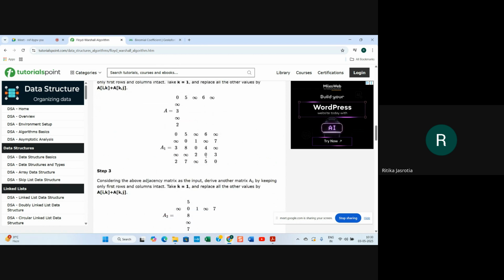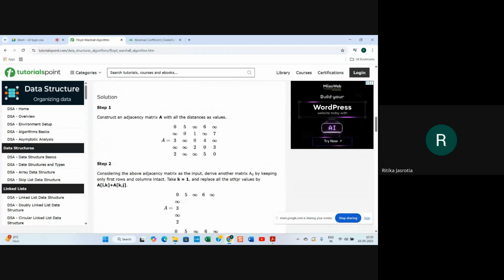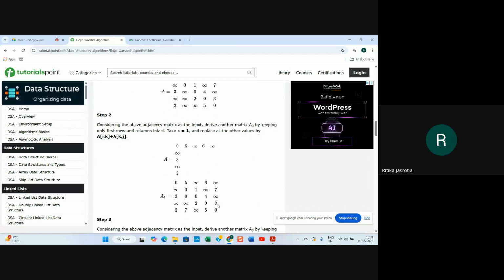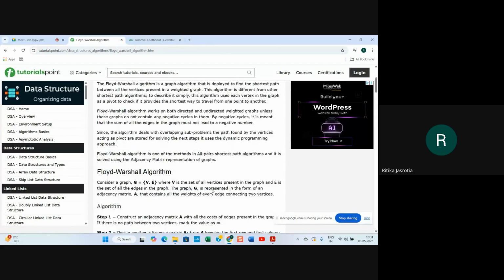So it should be infinity. And 3, 4 is 3, 1 plus 1, 4. 3, 1 is infinity plus 1, 4 is 7. It is not taking that away.